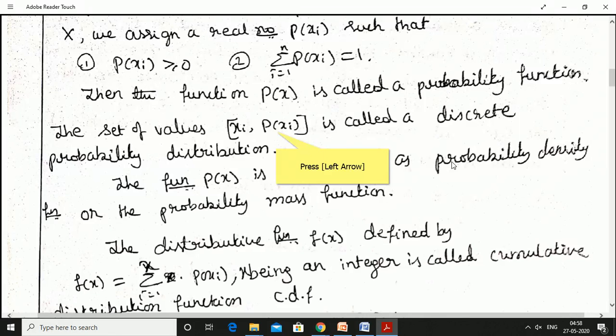P of x is known as the probability function or probability mass function or probability density function. Okay, I hope you understand what is a probability function.